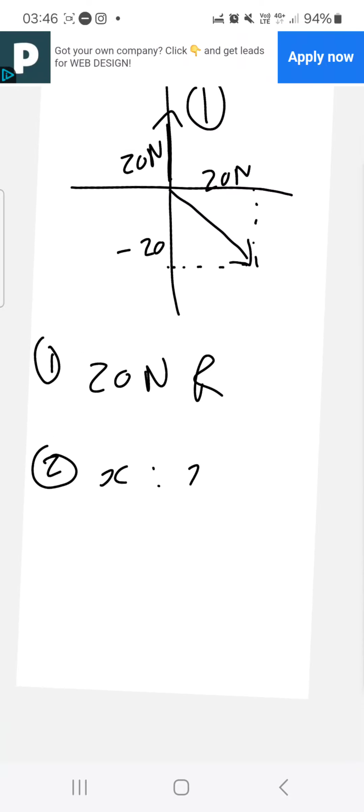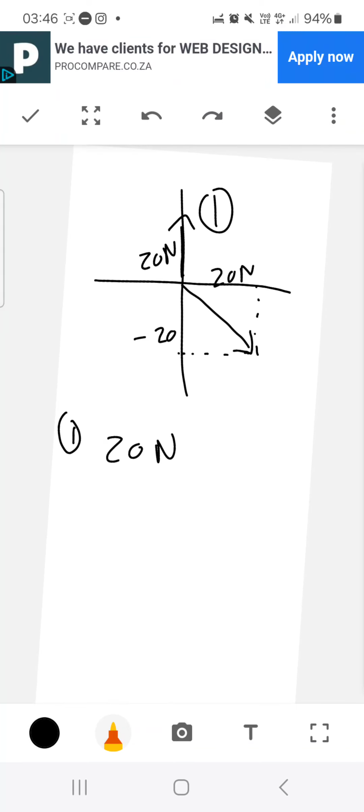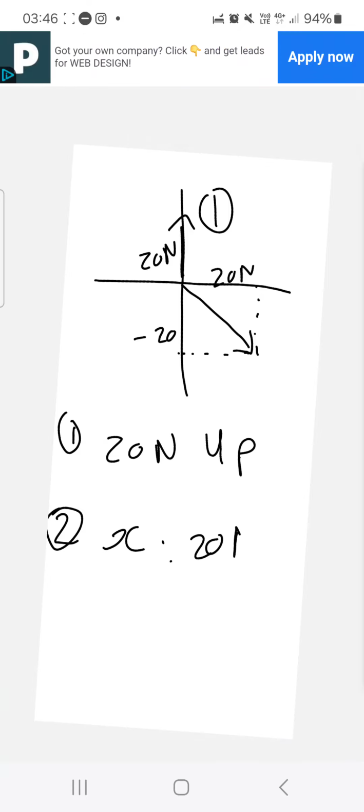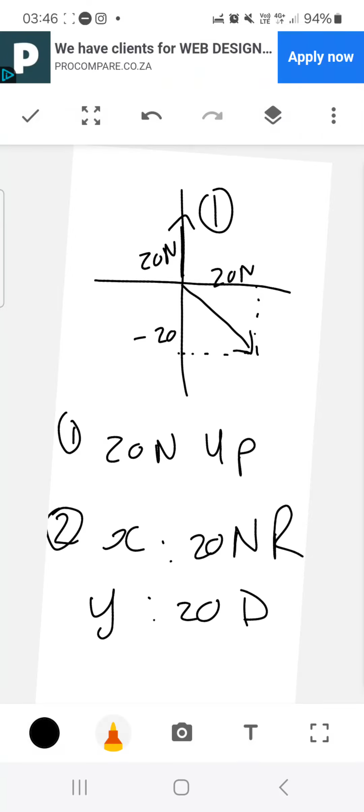Sorry, not 20 newtons, right? Vector 1 is 20 newtons up, sorry. And our vector 2 has two components: an x component of 20 newtons right, and a y component of 20 newtons down.